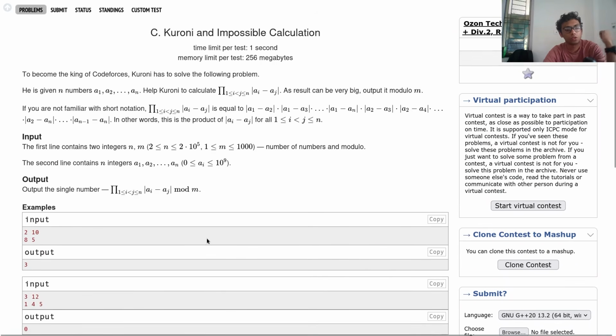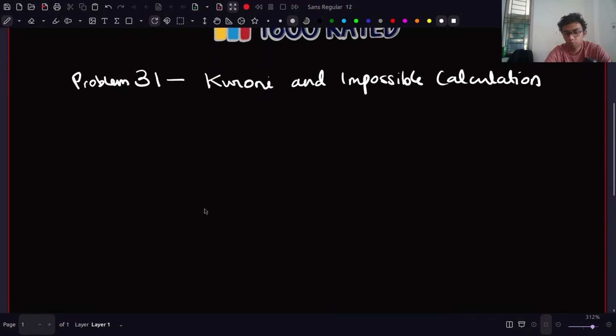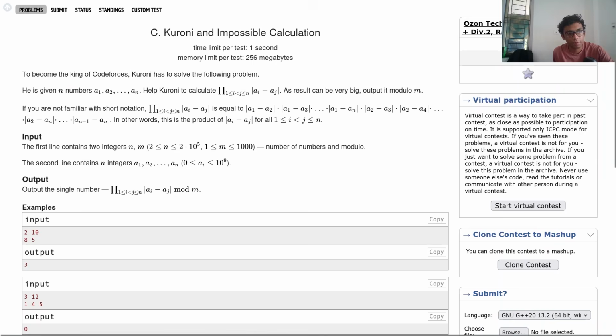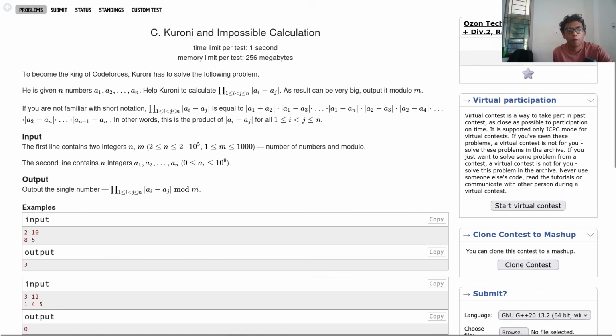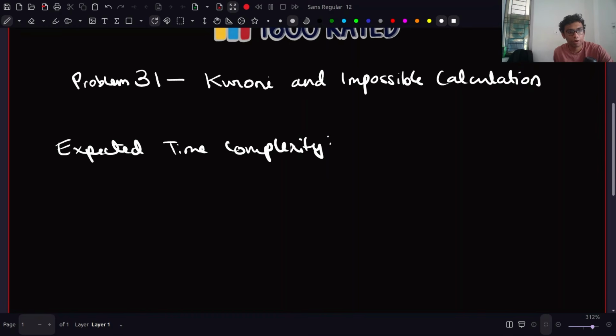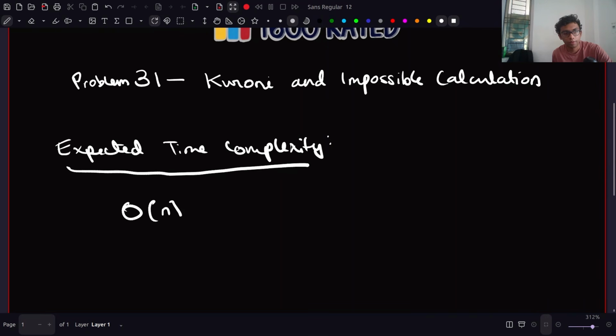Okay, so the problem itself is very straightforward. There is not much to explain about what the statement is asking. Let's just mention the expected time complexity. Since n goes up to 10 power 5, you would expect something like O(n log n).